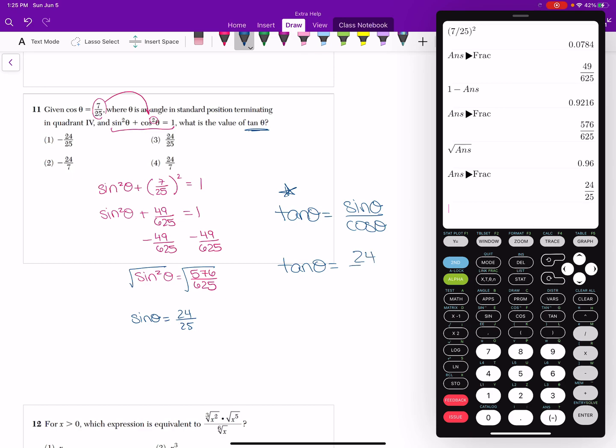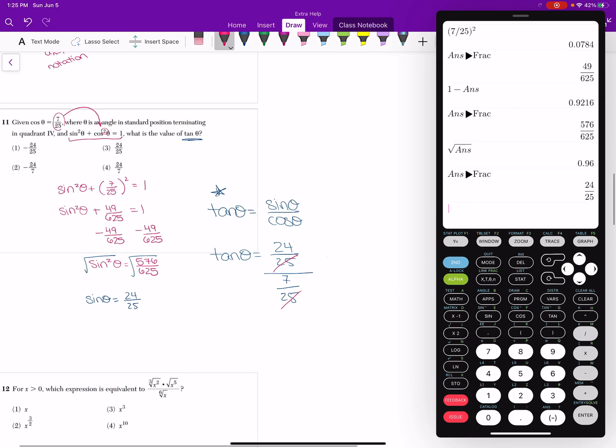So taking sine, dividing it by cosine, since they're both over 25, the 25s cancel. And we get 24 over 7. Like I mentioned on the homework that you guys looked at, every trig question ends with ASTC. They said that we were in quadrant 4, where cosine is positive, so that means my tangent answer needs to be negative. So answer choice 2.